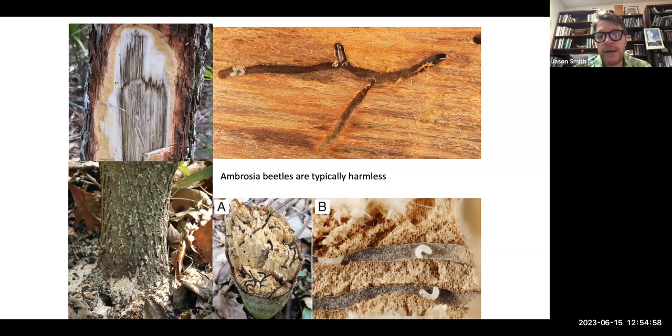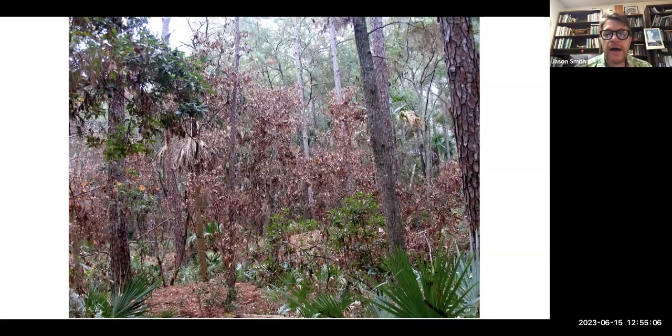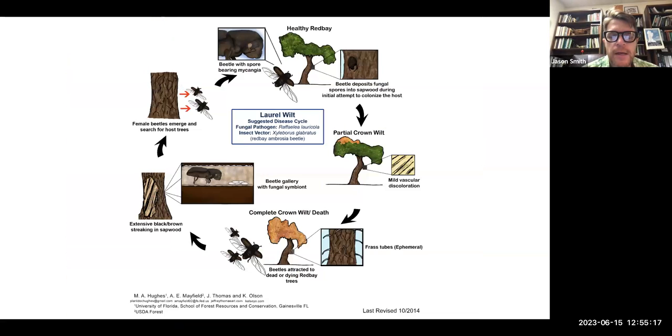The trees die within a couple of weeks, and that has been very devastating to the hosts that are susceptible. And so we've had millions and millions of red bay trees die, an absolute slaughter of a lot of our native Lauraceae. That was what I just told you, so I'm going to skip over that.